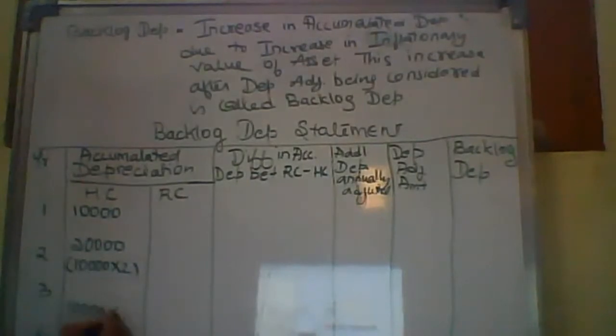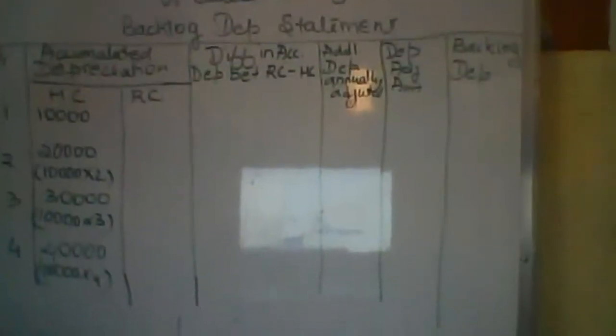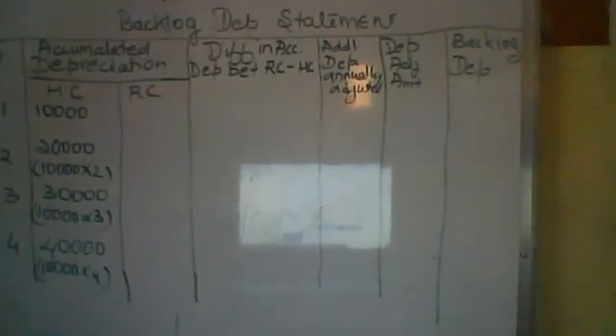Third year, 30,000. Fourth year, 40,000. This is the depreciation which is there each year, accumulated depreciation.